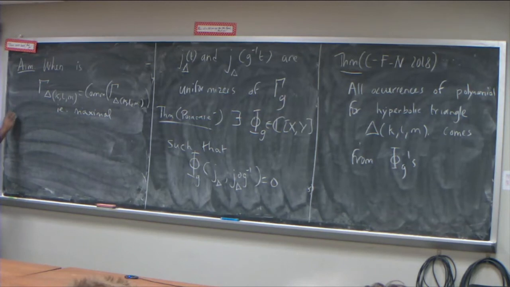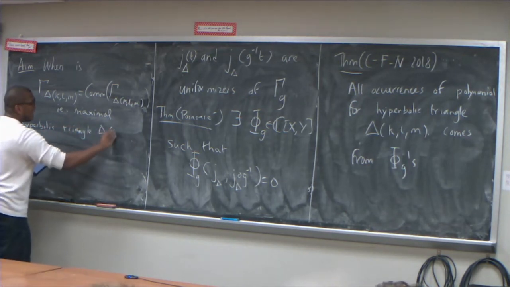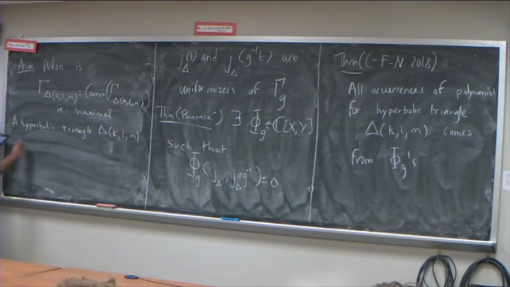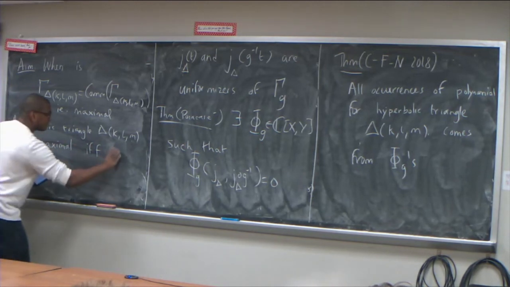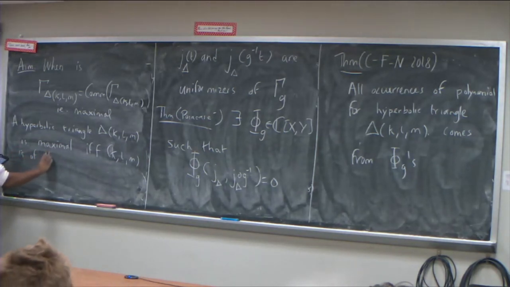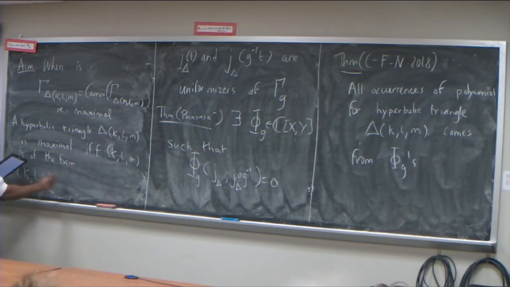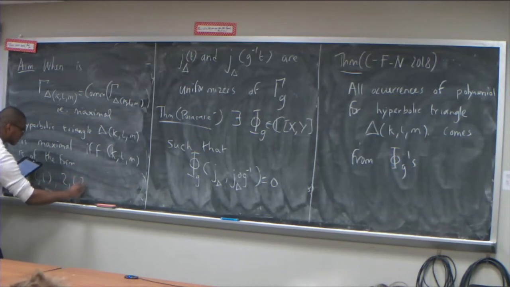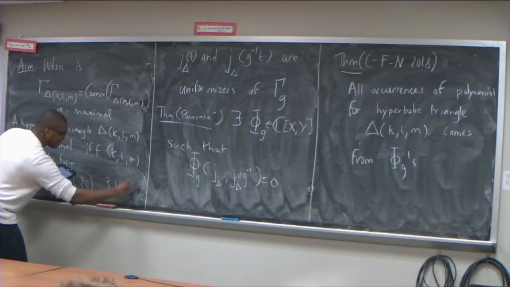So a hyperbolic triangle KLM is maximal if and only if KLM is of the form, all right.